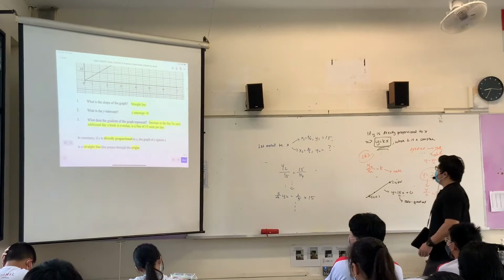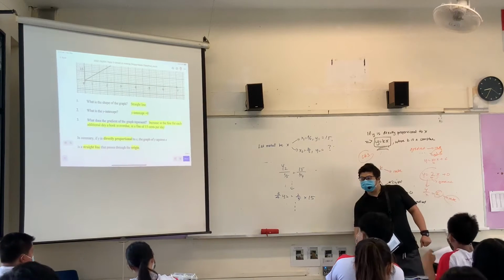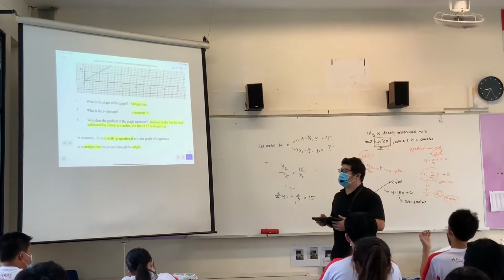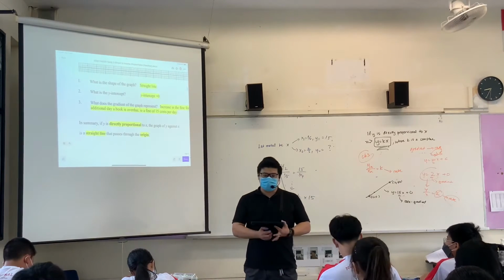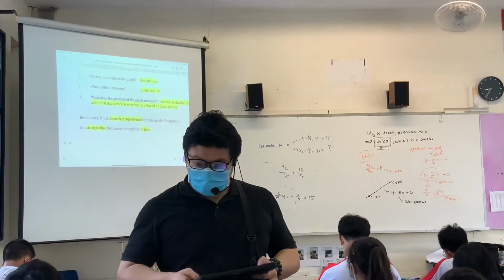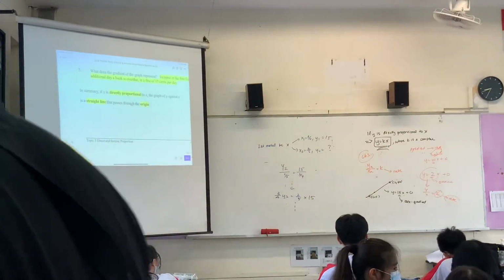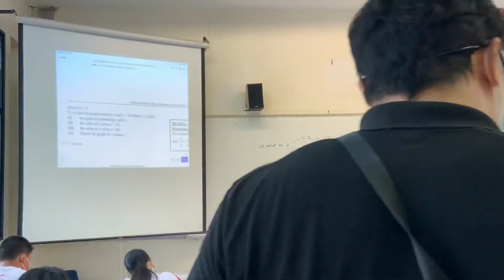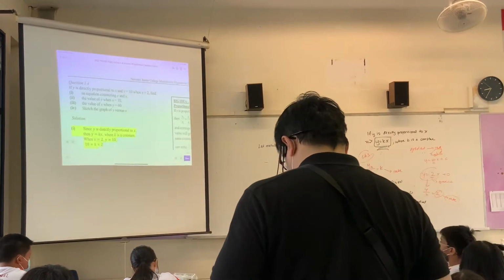Also, this is one of the things that you want to copy down in black: if y is directly proportional to x, the graph is a straight line that passes through the origin. Do help me copy the one in black on the board as well. y equals kx.